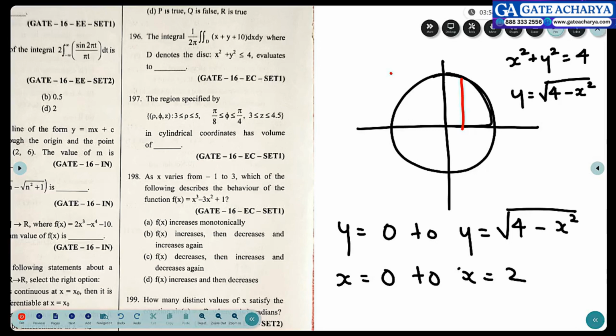Substitute, I gave you the limits now. Just do the double integration. The first integration is with respect to dy, then dx.